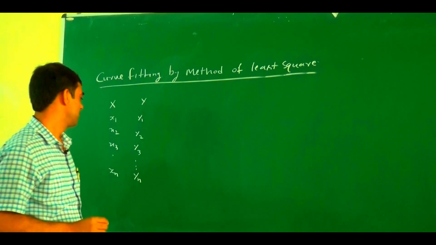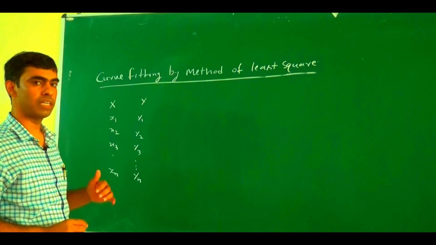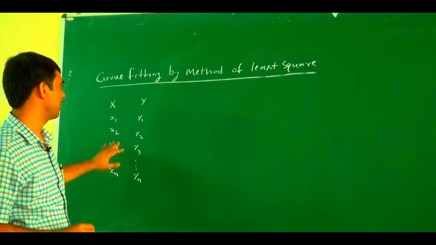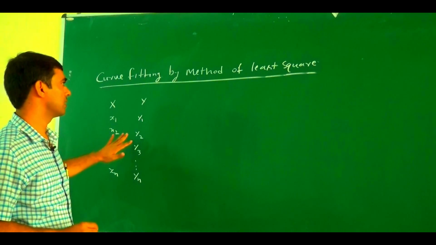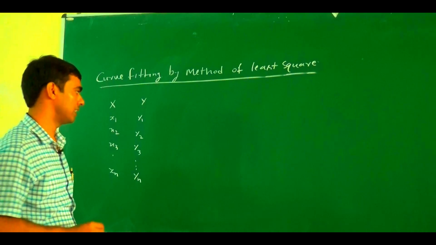So suppose there are n data. First we give the geometrical interpretation of the method of least squares, then mathematically how we find the equation, a function, by the method of least squares.